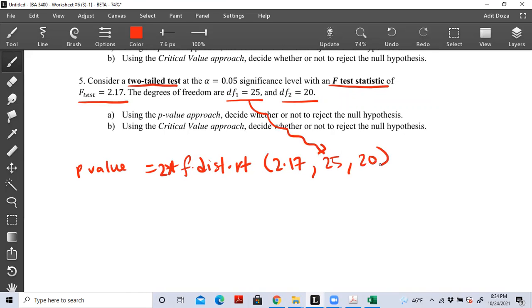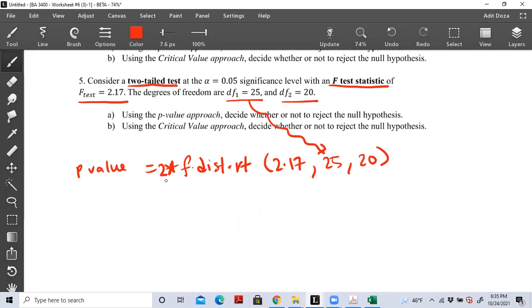For the two-tail test, we have to add RT, the last 2 letters. Yes, because F test is always upper tail. I told you that F test is always upper tail, right? If you watch the chapter 11 lecture video, I mentioned that F test is always RT, upper tail.